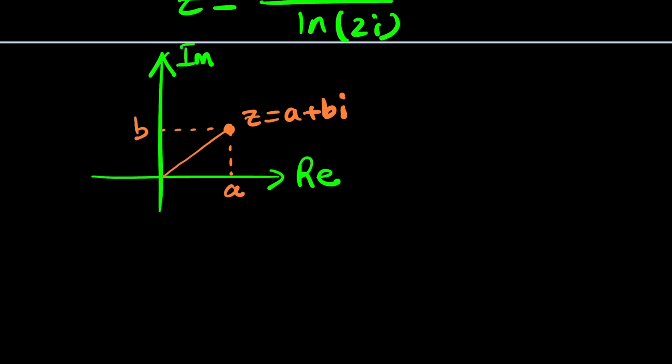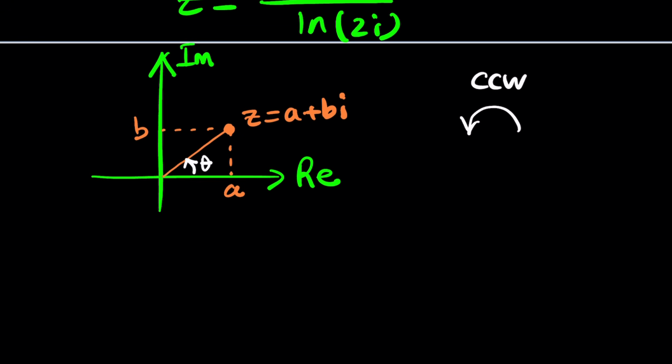But connecting it to the origin brings us another concept, which is the angle that it makes with the real axis in the positive direction. You have to remember that the positive direction is counterclockwise, CCW, which is this direction. Make sense?